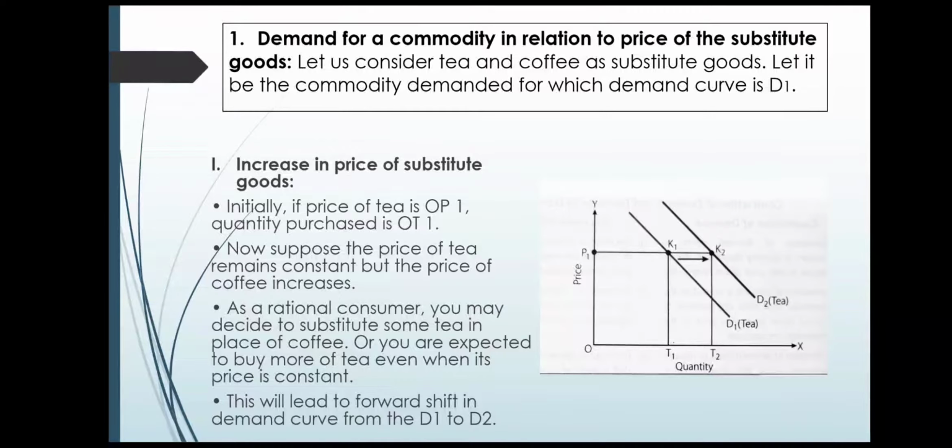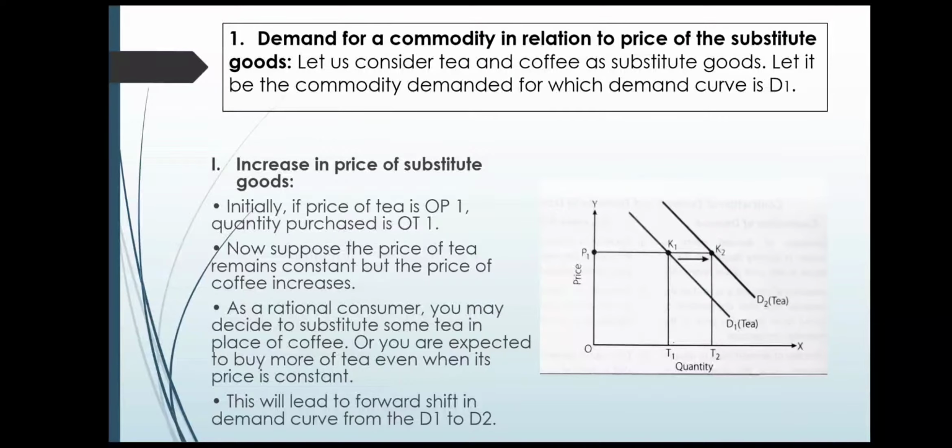Now suppose the price of tea remains constant but the price of coffee increases. As a rational consumer, you may decide to substitute some tea in place of coffee, or you are expected to buy more of tea even when its price is constant. This will lead to a forward shift in demand curve from D1 to D2. Whenever there is a favorable change, there will be a rightward shift.